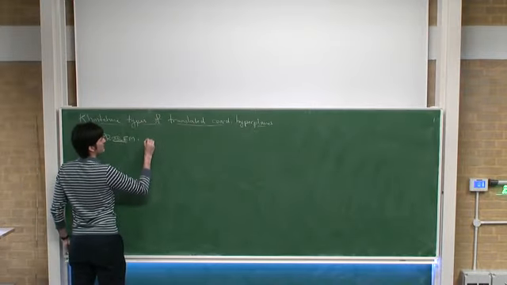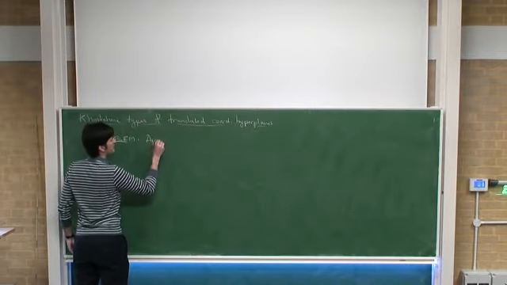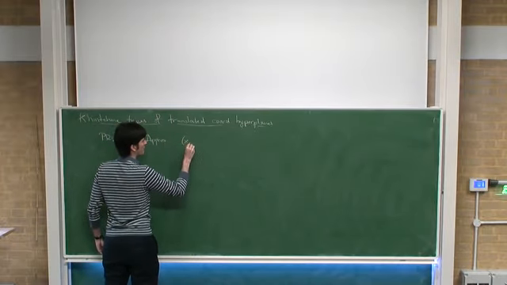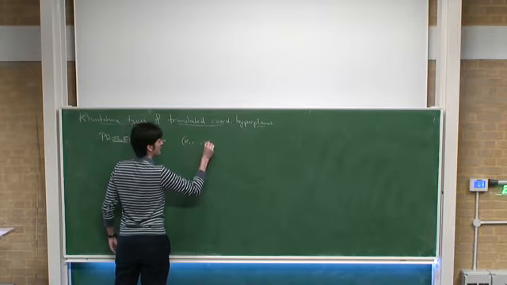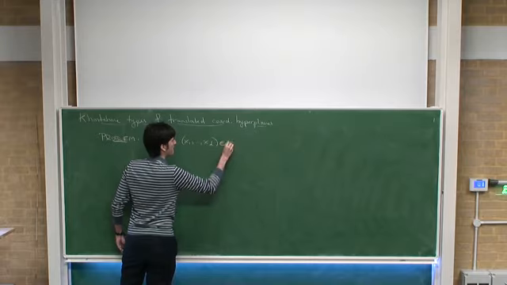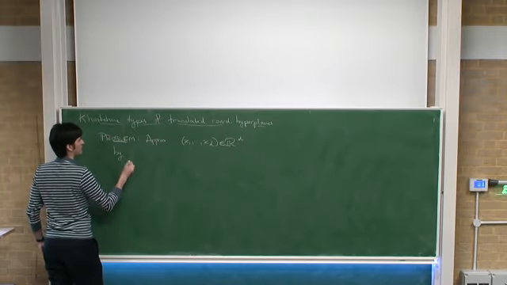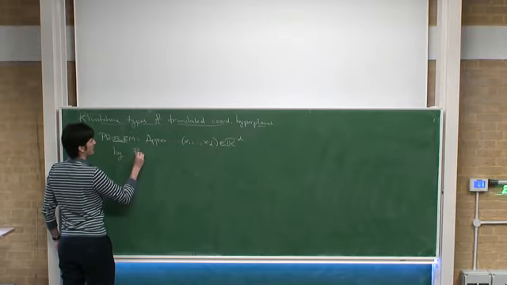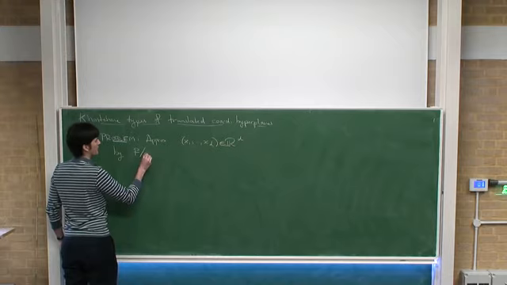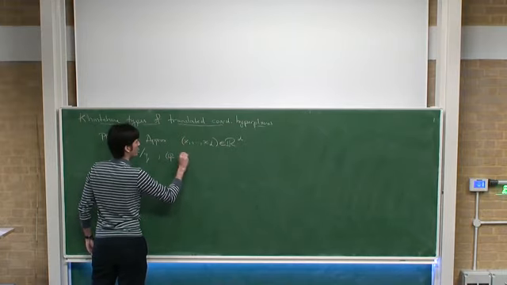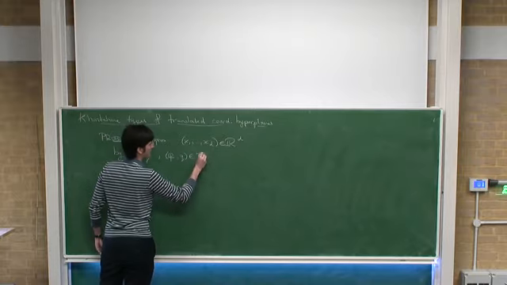So the problem is to approximate points in R^d, so d different numbers at the same time, by rational vectors. So by, say, p over q, with p, q integers.